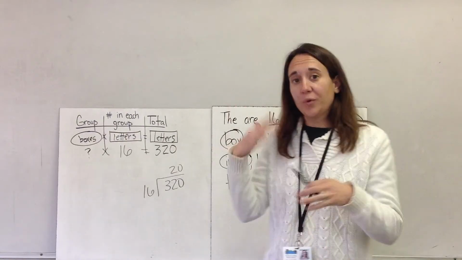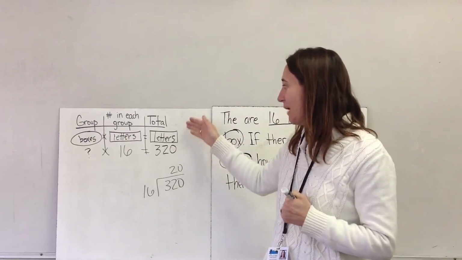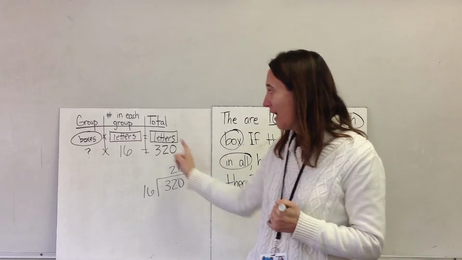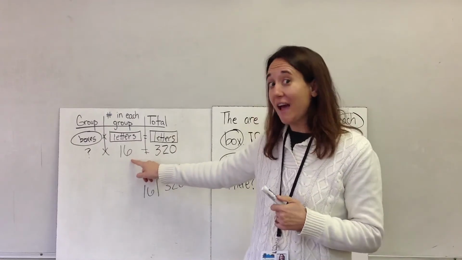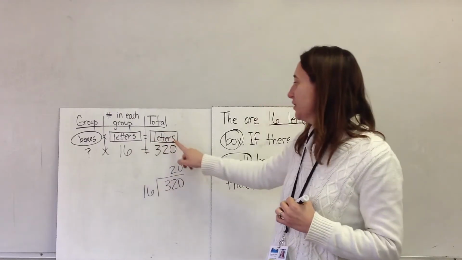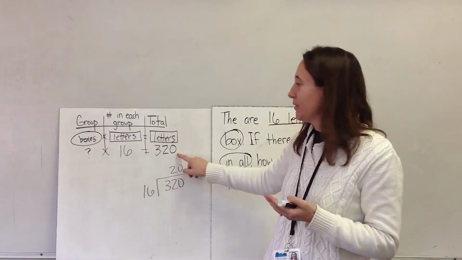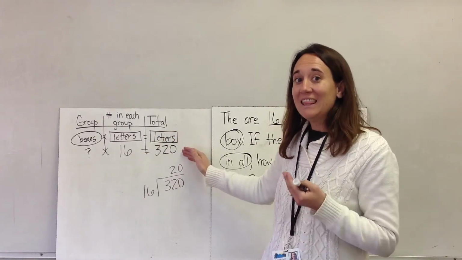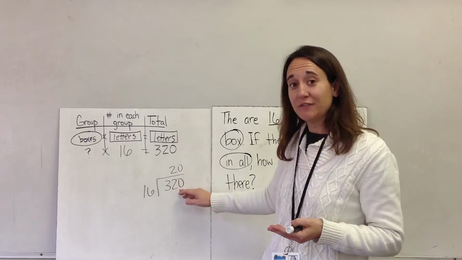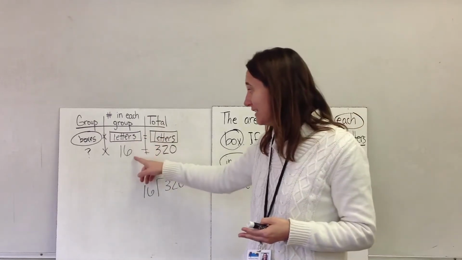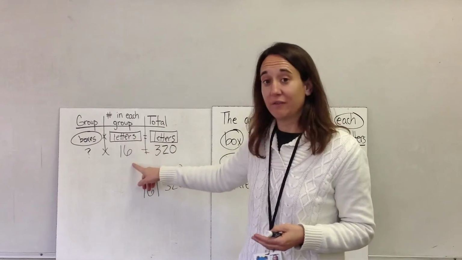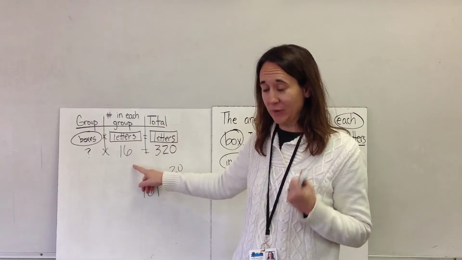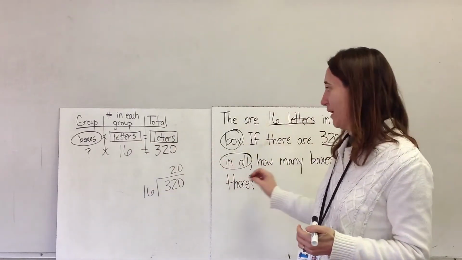What we need to shift our focus to is that we're always going to divide one of the factors into, in this case, what would be the product, right? So the total. Whatever the total is, that is what we're going to divide into. And our divisor is going to be whatever factor we have. Okay, and that's going to be really important with fractions.